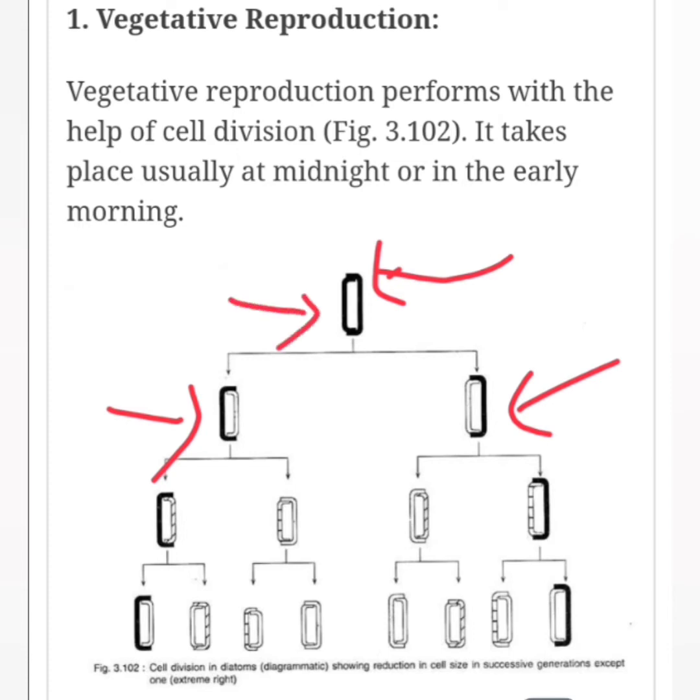So in the daughter cell, when the hypotheca acts as the epitheca, since it is slightly smaller, this new one which is deposited here has to be slightly smaller. Again in the next division, since this smaller cell will behave as the epitheca, the newly deposited cell will be slightly smaller. So as cell division continues, the cell becomes smaller and smaller in size. All right, so this is how cell division takes place in diatoms.